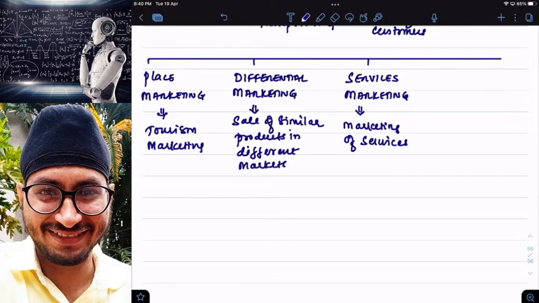Then we have person marketing. Now, person marketing means, let us say, sports people are there, film stars are there, and politicians are there. What do they do? They market themselves.